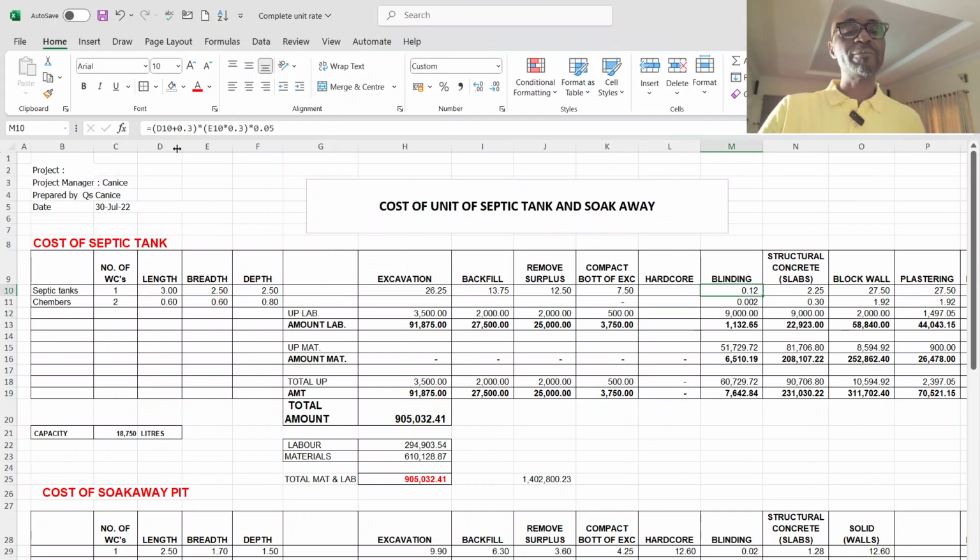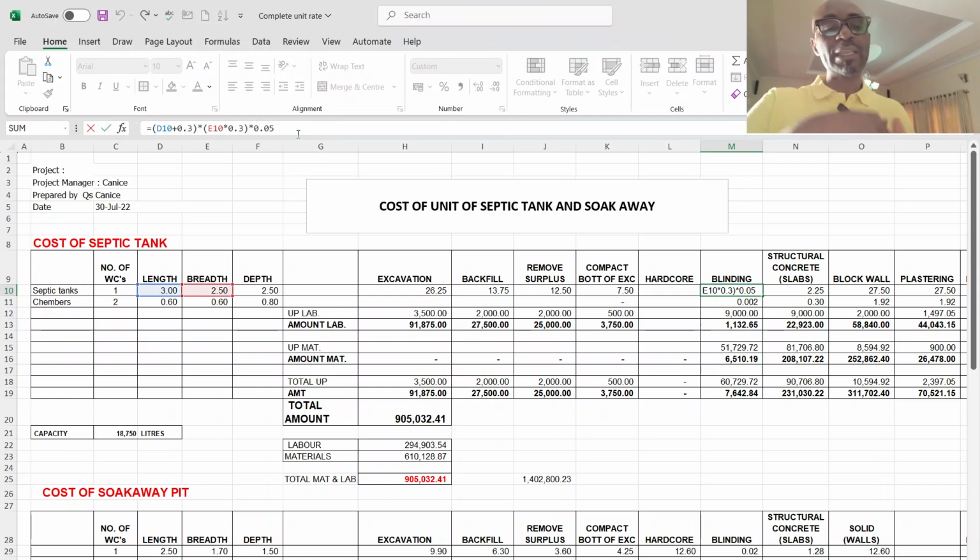Then blinding is, since the clear opening is 3 meter by 3, you need to add 300 because a 225 block is going to sit on 225 around. So then plus the spread of the blinding, then multiply by the 0.15.